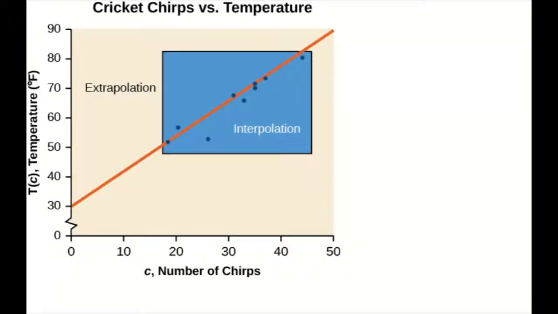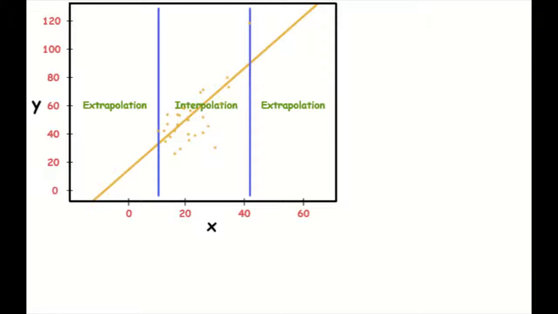Now, interpolation is basically we try to find the value, mostly the y values, based on the regression line or the equation itself. But the data has to be coming from within the range of the smallest value that actually exists in the scatter plot.